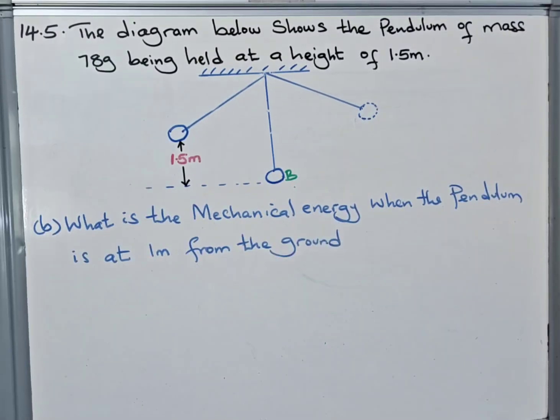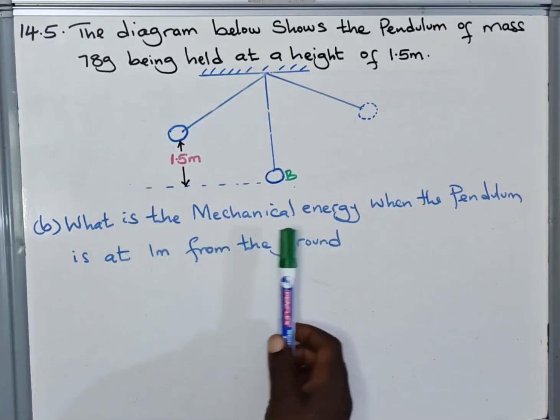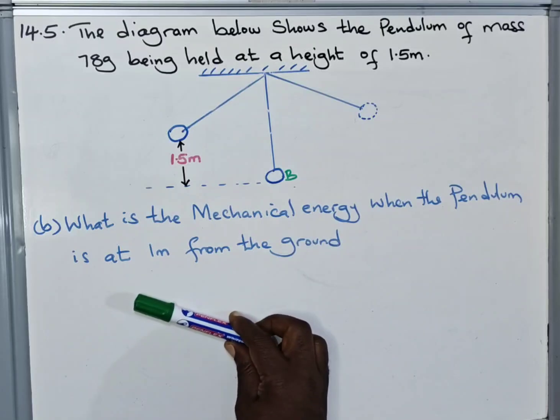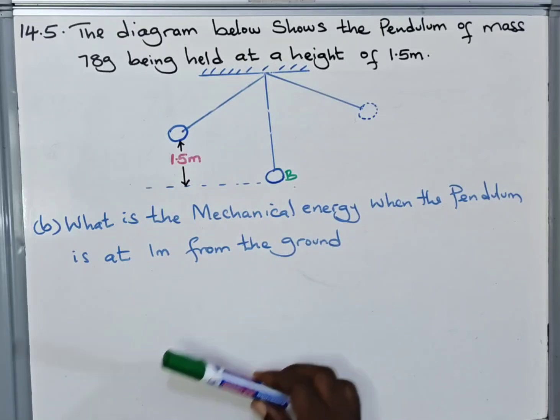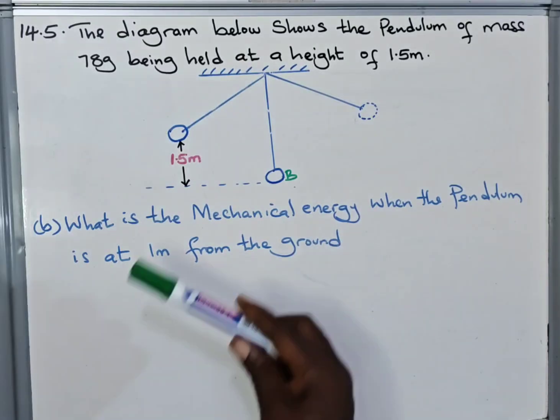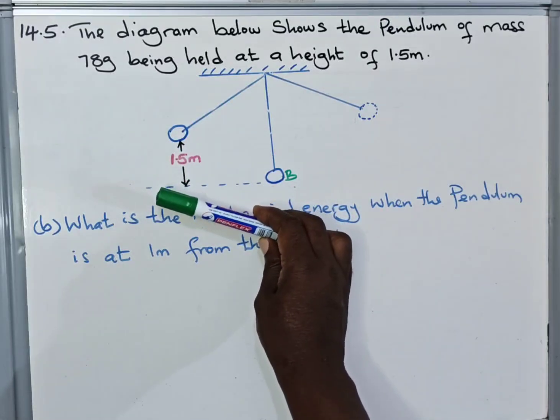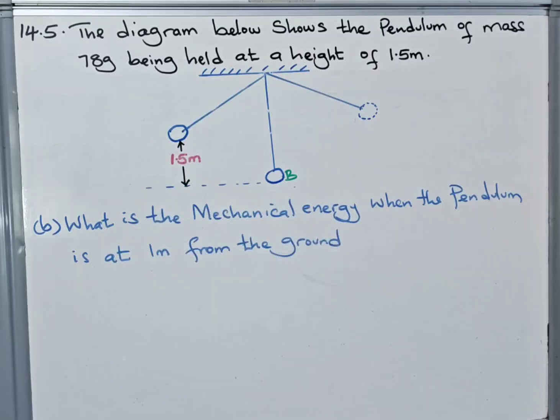Then we come to this question. It says, what is the mechanical energy when the pendulum is at 1 meter from the ground? Suppose the pendulum falls to that height. What will be its mechanical energy?